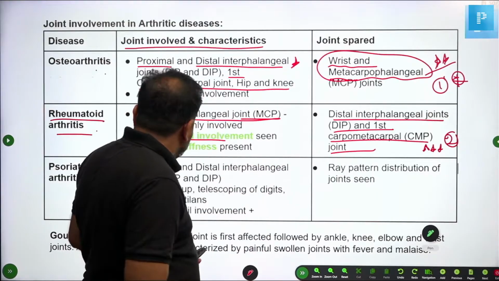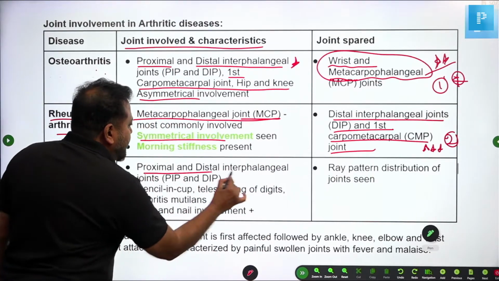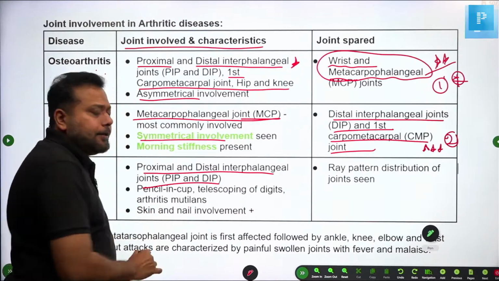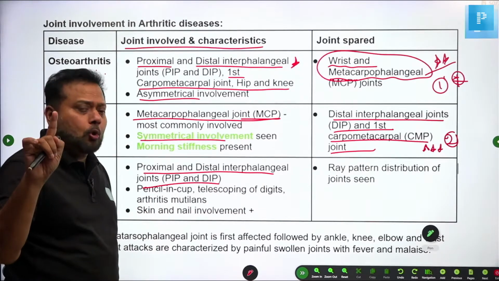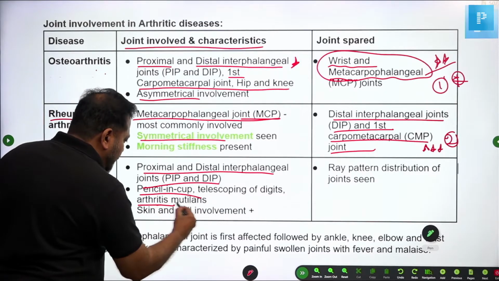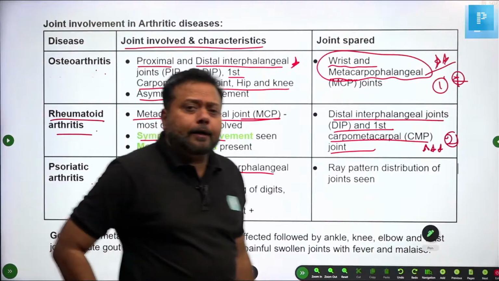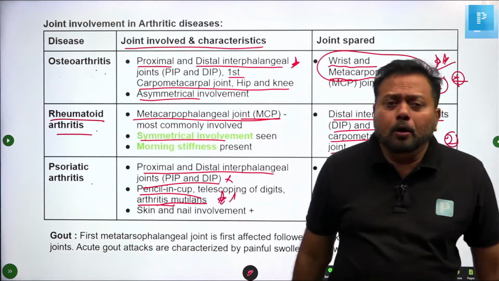Psoriatic arthritis, the common joints involved are the proximal and distal interphalangeal joints, and it is called pencil in cup appearance, telescopic fingers, arthritis mutilans. All these MCQs are coming. Psoriatic arthritis comes under seronegative arthritis.